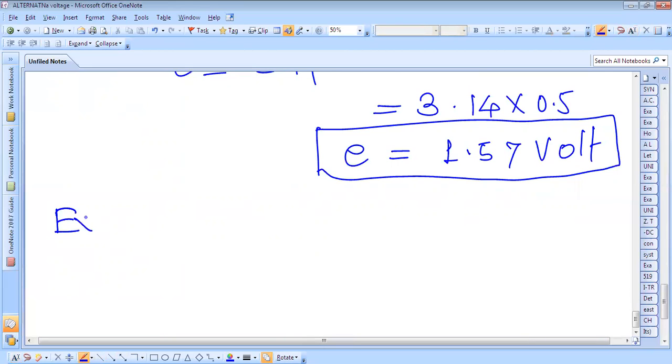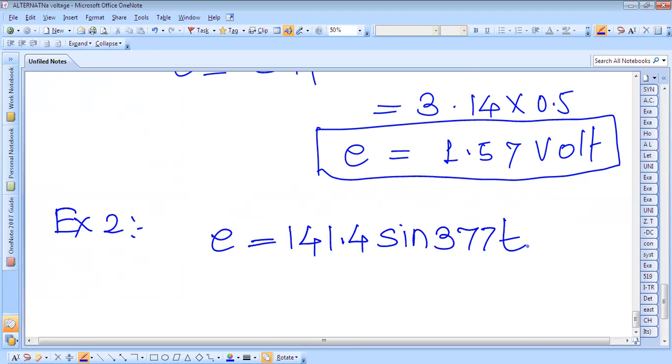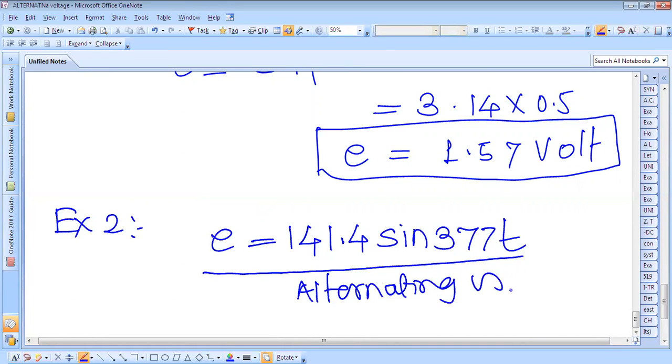Take another example. Example 2. The alternating voltage equation is given. E is equal to 141.4 sine of 377t. It is given. This is an alternating voltage is given. And we have to find first RMS value.